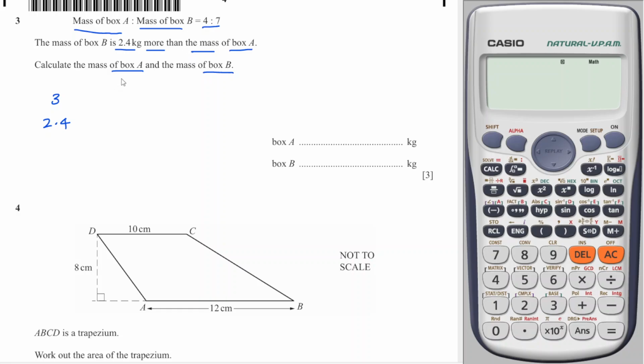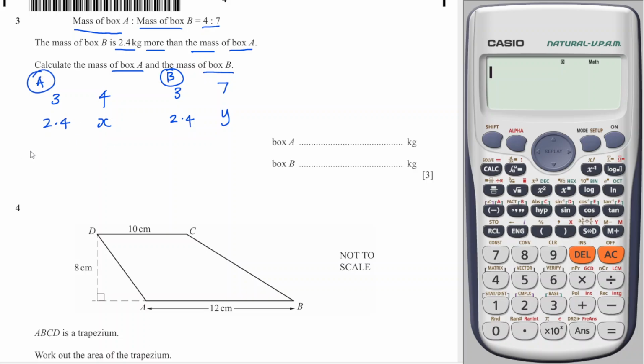Now if I take the mass of box A, the ratio is 4, and we need to identify what this value is. Now I can use another one, that is for the 3, the ratio is 2.4. Now we need to calculate the value for 7. So I'm using x for the mass of box A and y for the mass of box B.